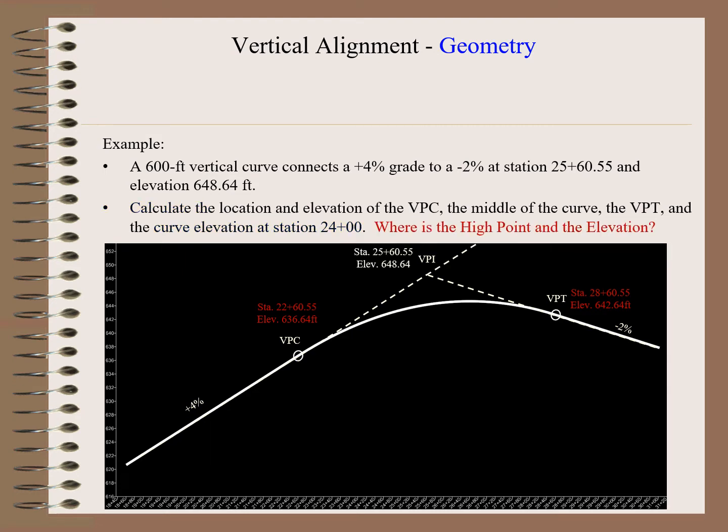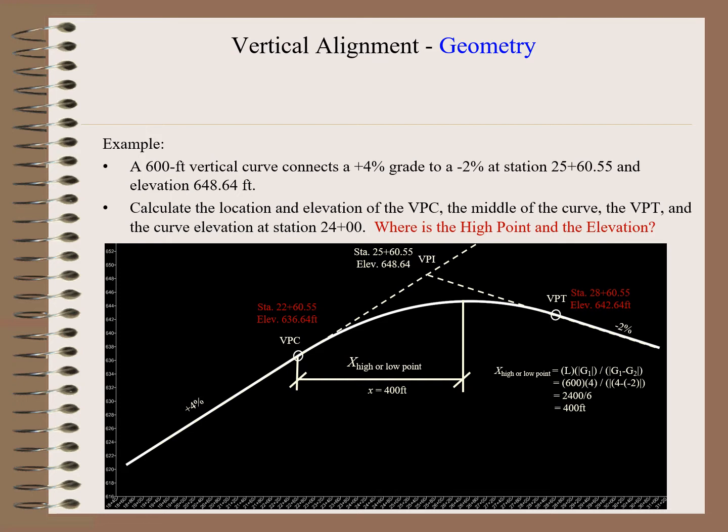Lastly, we're going to try to locate the high point and its elevation. We're guessing where that high point is. It's somewhere in this location here, and we're going to call that an X high point or low point value. To calculate that X high point or low point, we use the following equation from the previous page. You plug in the values, and we get a value of 400 feet from the VPC to the high point.